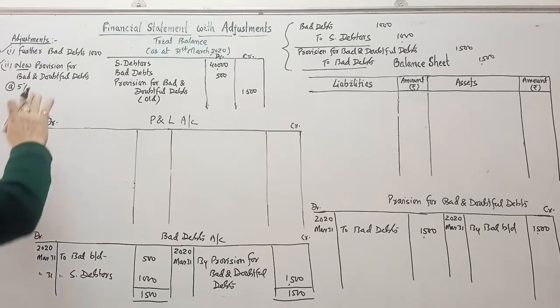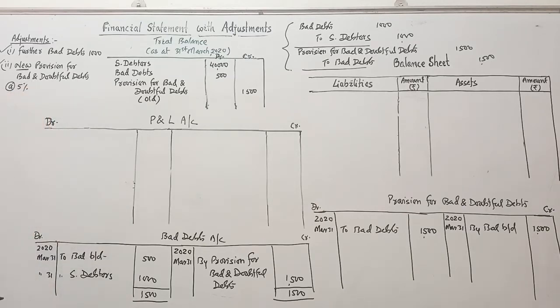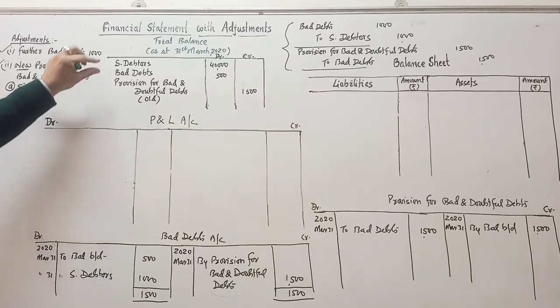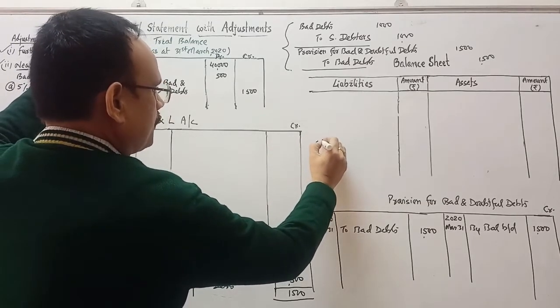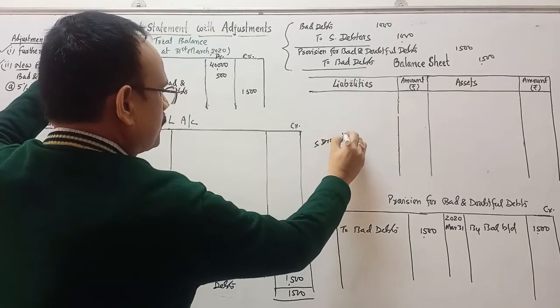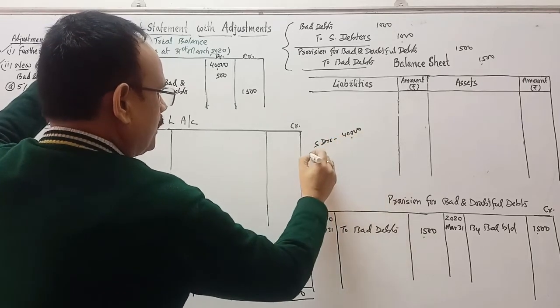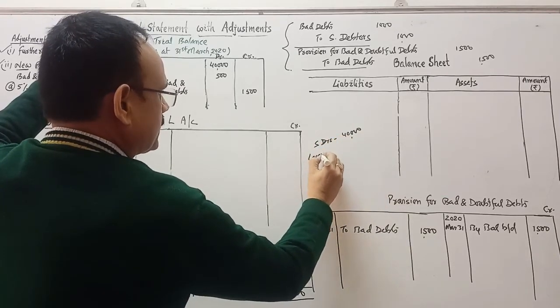Now new provision is how much? New provision for bad and doubtful debts is 5%. You know how to calculate the new provision? Sundry debtors is 40,000. You first deduct the further bad debts from it.